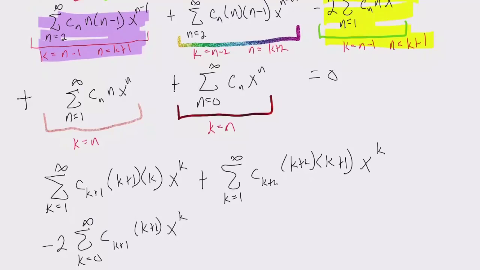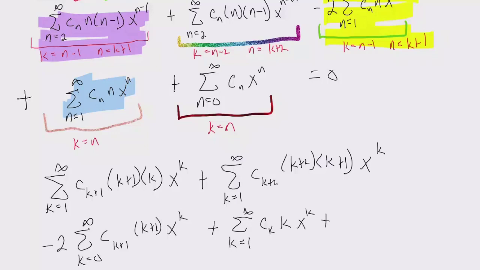All right, so then I'm on this term right here. I'm just doing a straight swap. So k equals 1 to infinity, c sub k times k times x to the k.